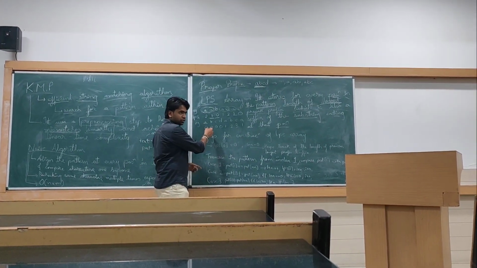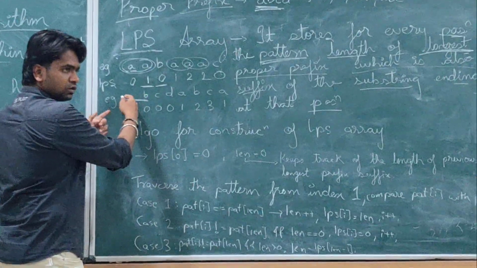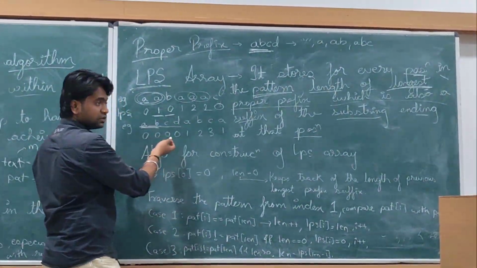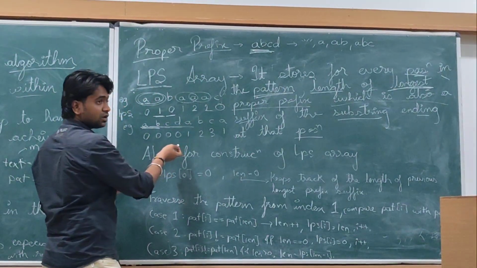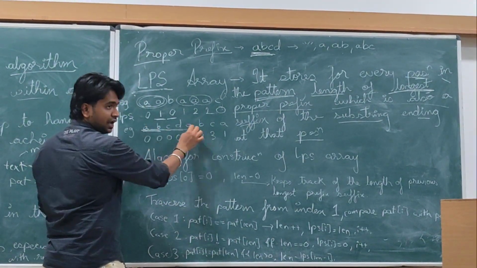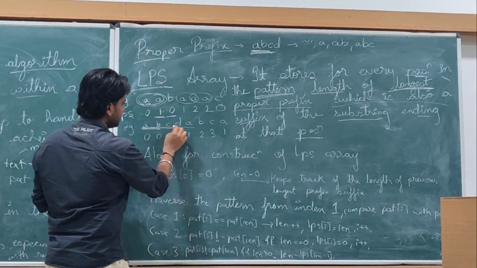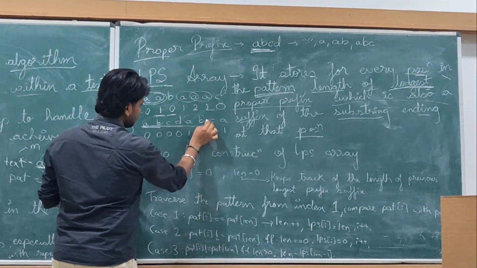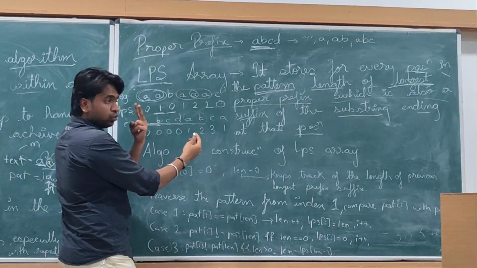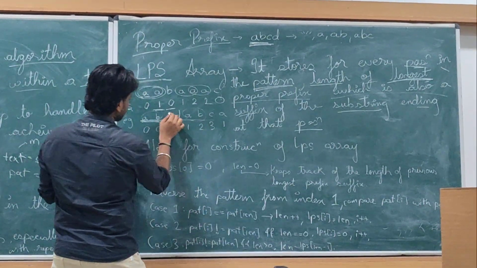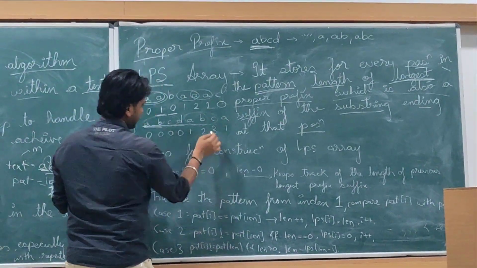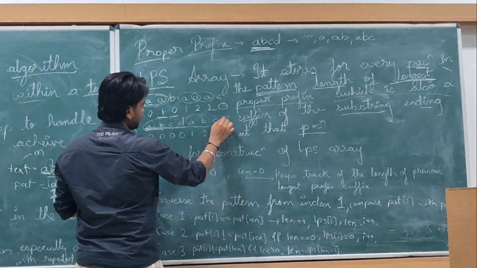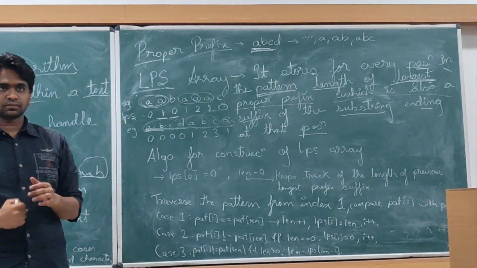A 0, AB 0, ABC 0, ABCD 0, ABCD A 1, this A and A 1, ABCD A B, AB, so 2. ये पूरा आप चेक करोगे तो ABC 3 and लास्ट में वापस A आ गया तो सिर्फ A और A 1.